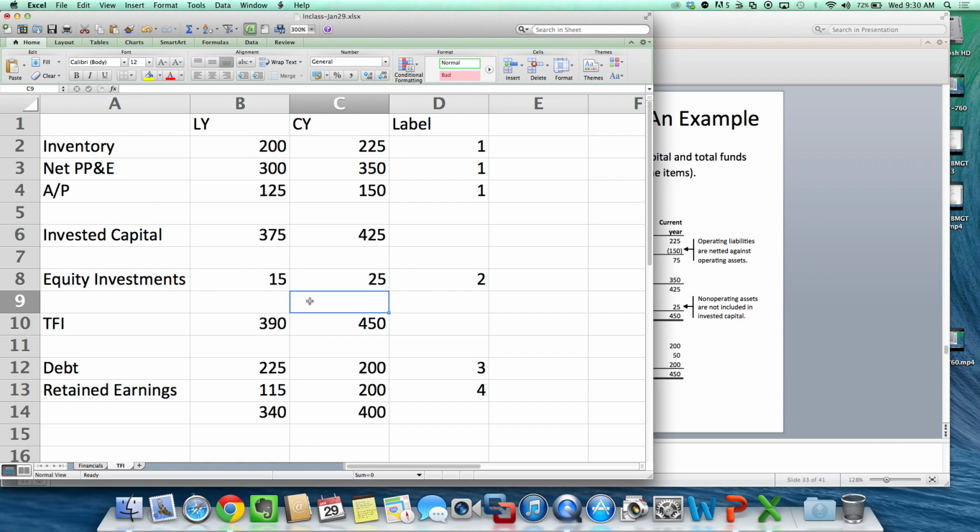On your midterm, to get a correct answer, you must not only have the right number, you must have a balancing statement. The correct number, but an unbalanced statement, is an incorrect answer. Because how do I know that my TFI is 390 or 340?